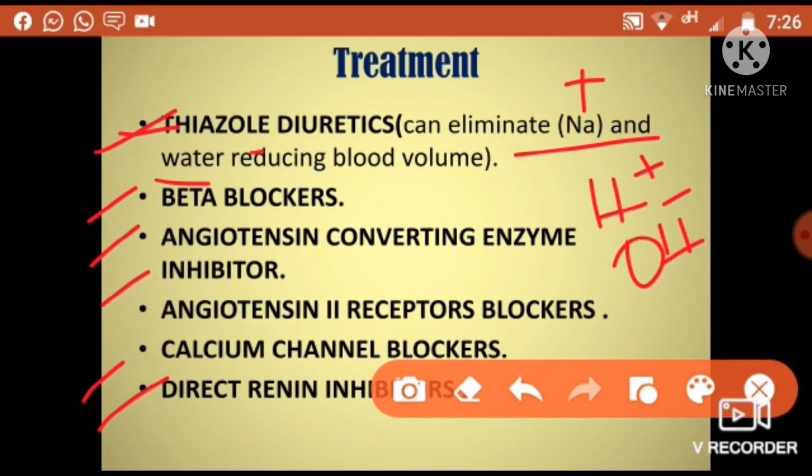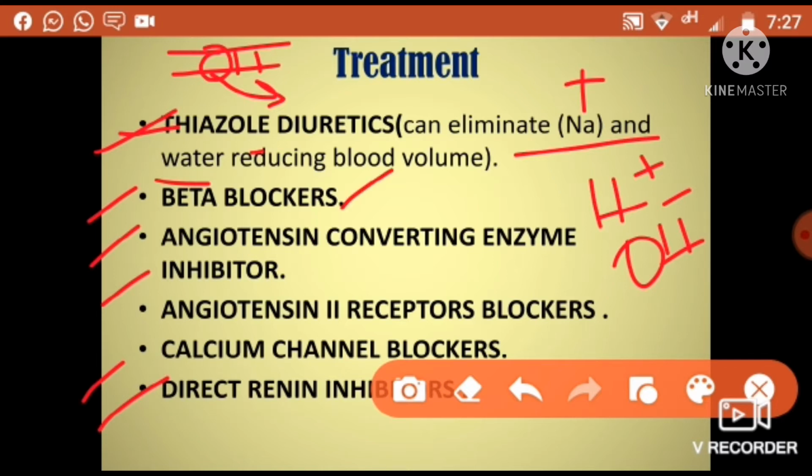Similarly in the blood, when we extract sodium and water from the vessels or arteries, the volume decreases, causing the blood pressure to reduce. So this is the main concept of thiazide diuretics.